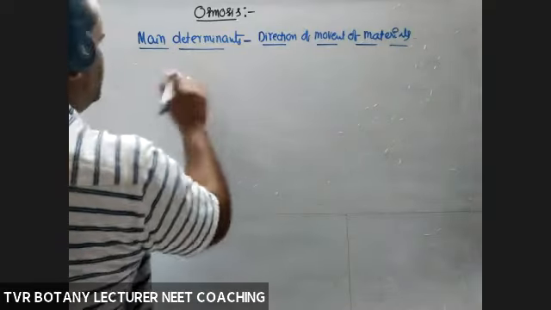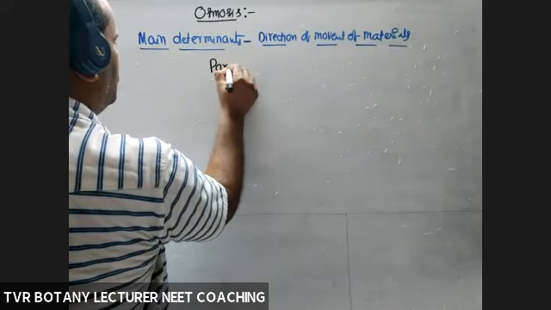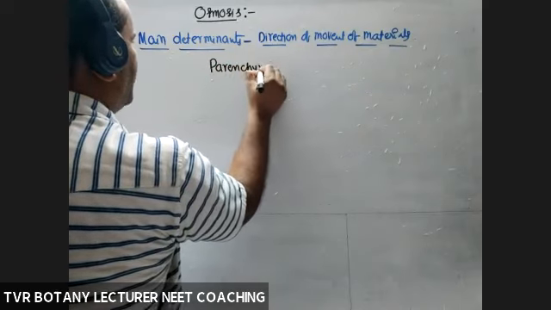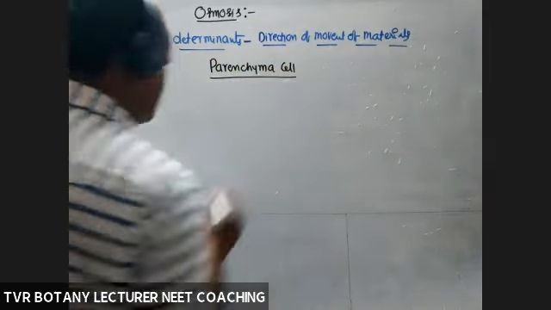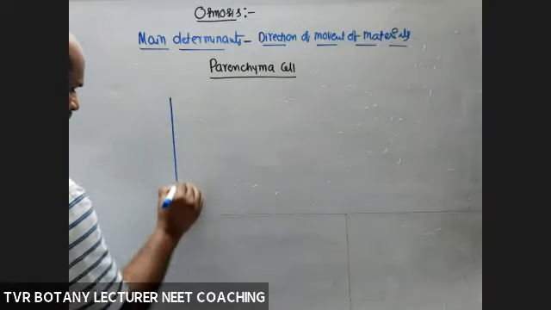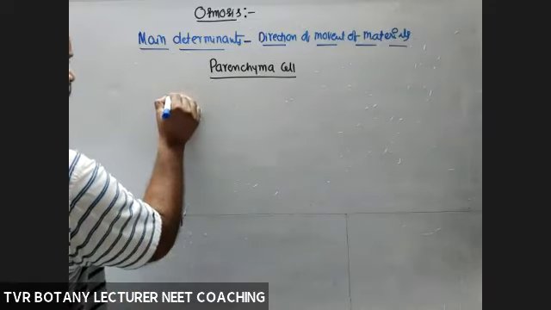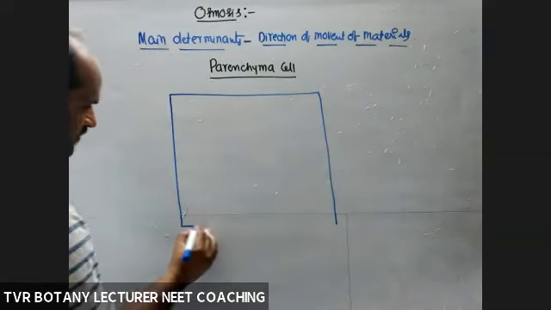For example, take a parenchymatous cell. Parenchyma cell, in living condition. So this is a cell wall.